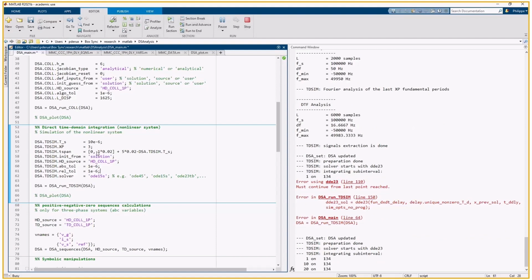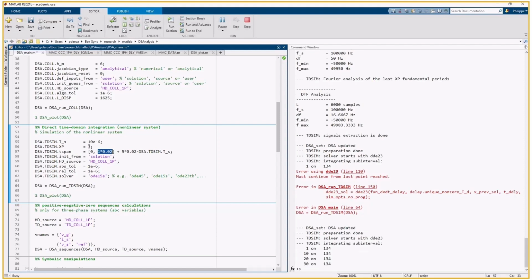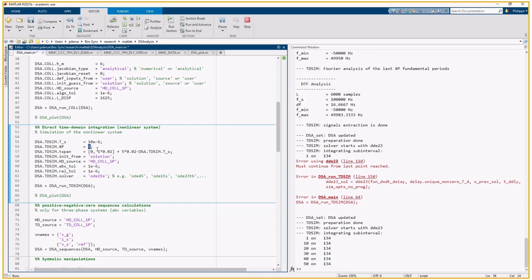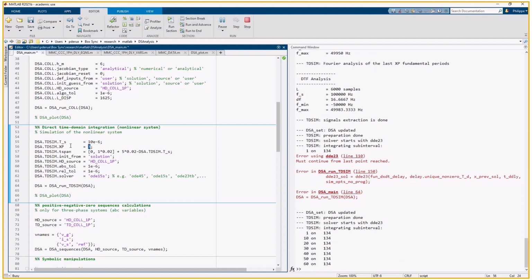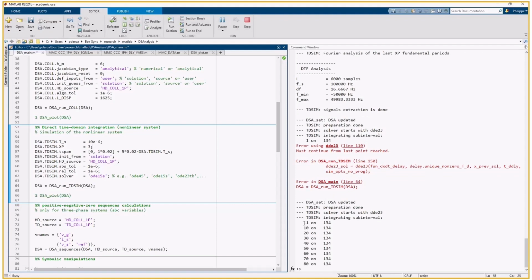Naturally, this time we are solving for only one fundamental period. However, we are requesting Fourier analysis on the last 3 fundamental periods. This is naturally not possible. So the code will automatically reduce XP to 1. We will see this once the numerical integration has stopped.